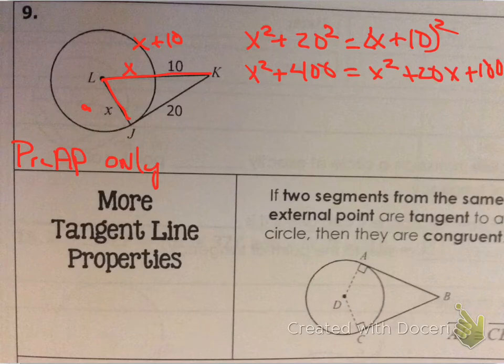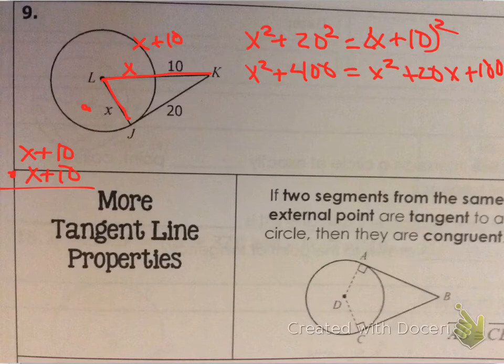Now, if you don't remember how to expand a binomial, you need to make sure you know how to do that. What I do is I take x plus 10 times x plus 10 and multiply that out, and do 2-digit multiplication. You might remember FOIL if some of your teachers still use that method, even though I completely disagree with it. Box method, anything like that. There's different methods, and if you need a refresher, check one of my old videos on that, or just ask me.